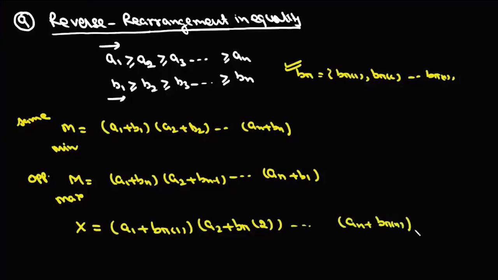Now this reverse rearrangement inequality says this X will always lie between capital M and small m. So if we add them in the same order, it will be minimum, and if we add them in opposite order, it will be maximum, and for any other arrangement, its value will lie between small m and capital M.